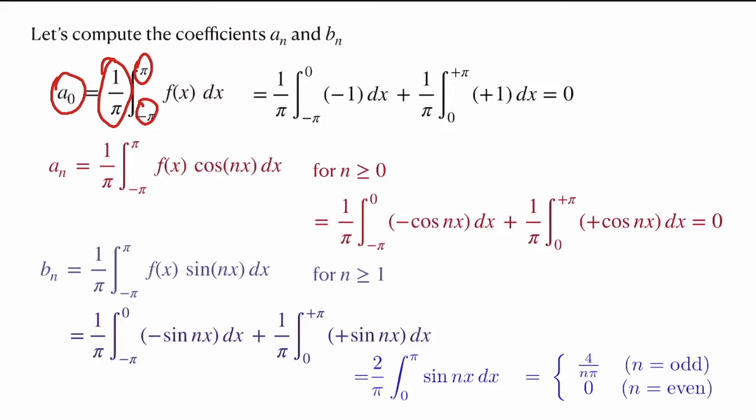Since the function takes two discrete values, minus 1 and plus 1, we split the integral from minus pi to 0, where the function value is minus 1, integral dx, plus 0 to plus pi, where the value of the function is plus 1. The integral is 0 because they are exactly opposite to each other and add to give 0.